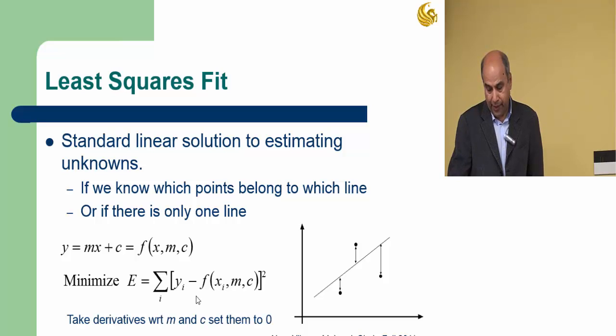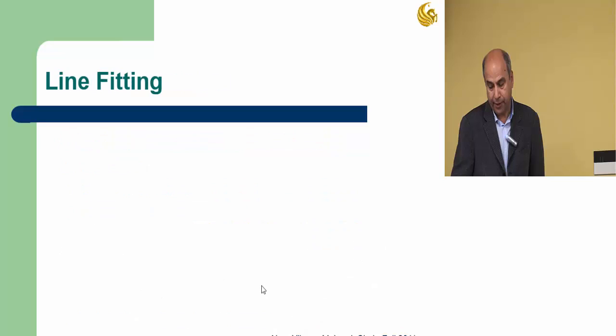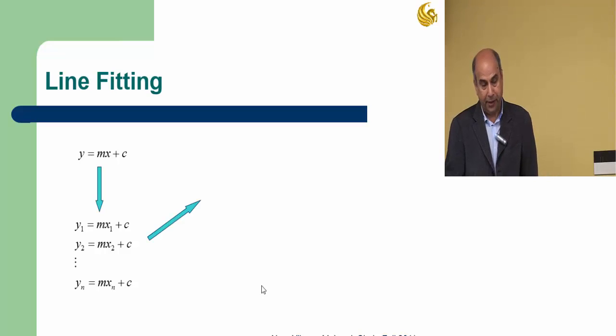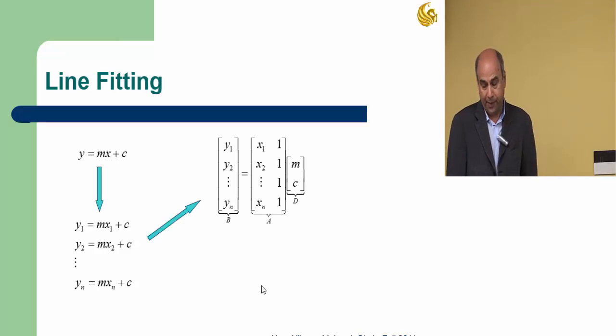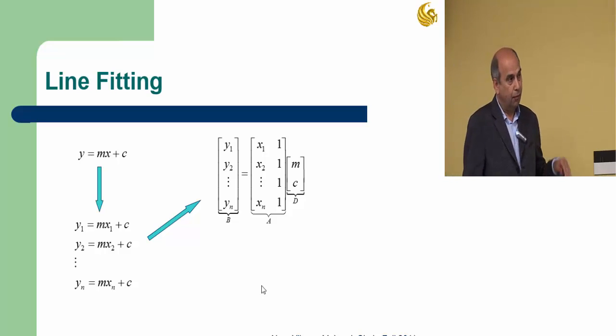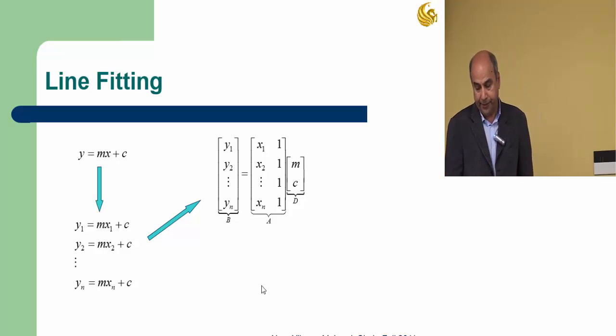Okay, so then, as we know, to find the m and c, we will differentiate this with respect to m equal to 0, differentiate with respect to c equal to 0, and we will come up with a solution. And these are the equations, and we can put them in a matrix form like this. The left side is the b vector, which are the y coordinates of the points, and then we have here the x coordinates of points, and these are the unknowns, the small b vector.